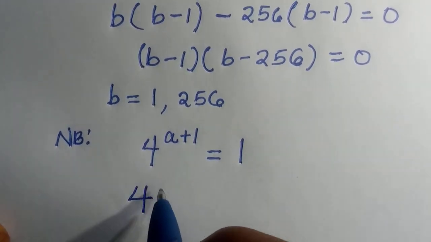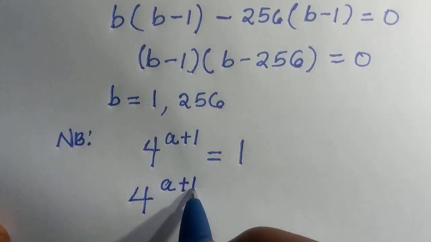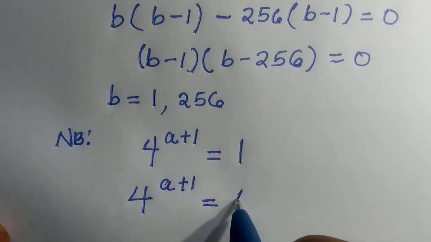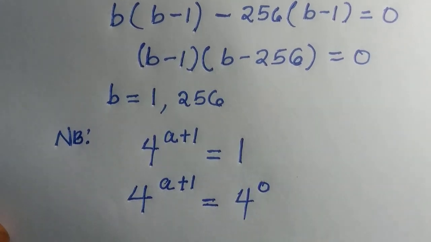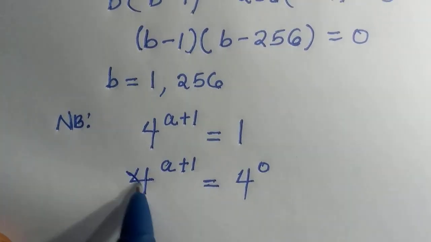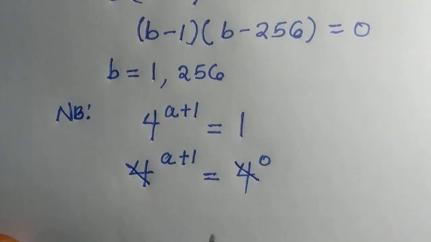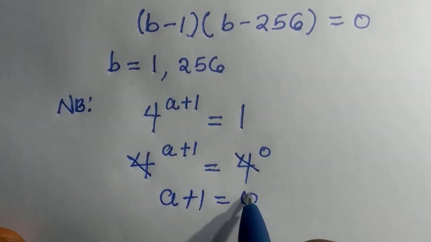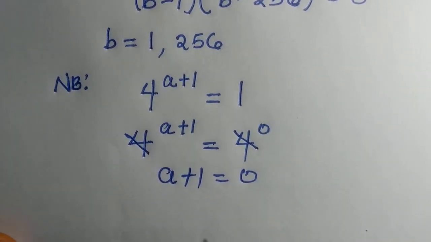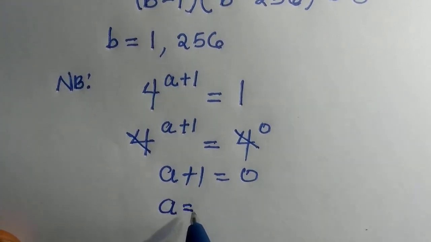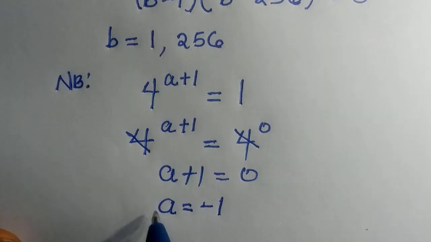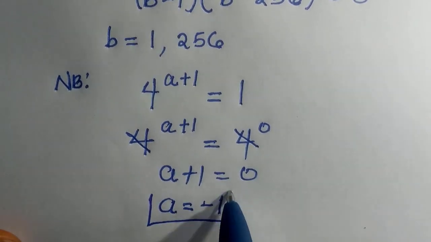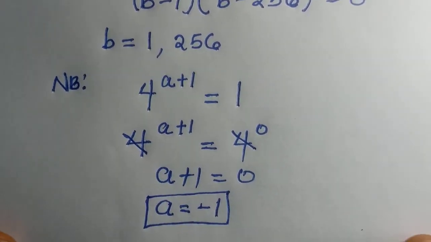Then we have 4 to the power of a plus 1 equals 4 to the power of 0. So when we cancel 4 and 4, we have a plus 1 equals 0. Therefore, a equals -1. And this is the first solution to this problem.